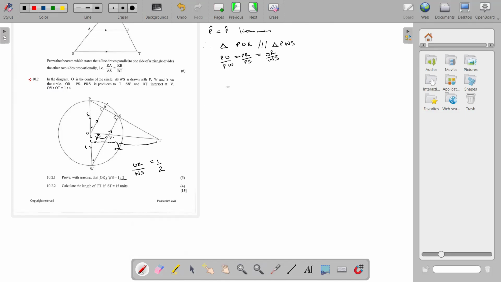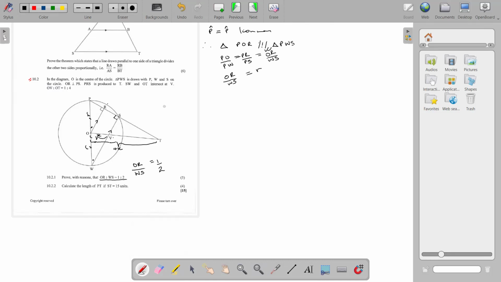Then from there, we can go to the required ratio OR over WS, which is this ratio, is equal to which one? Do we know PO? PO, we know it is R. Do we know PW?